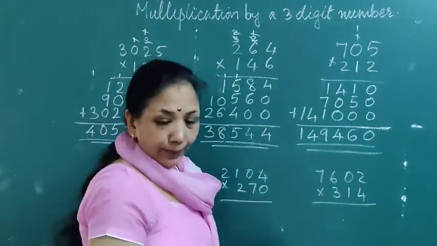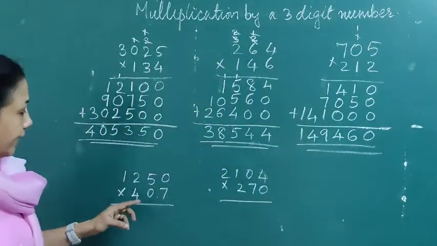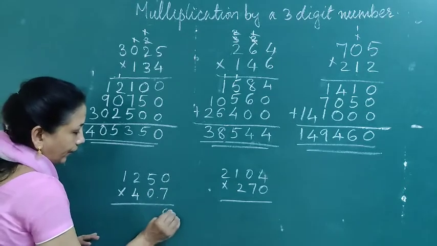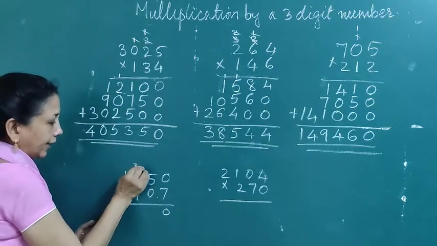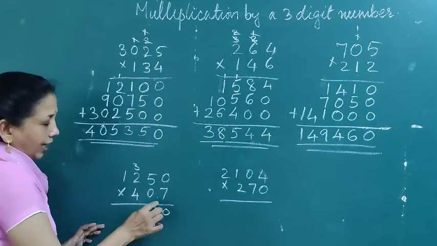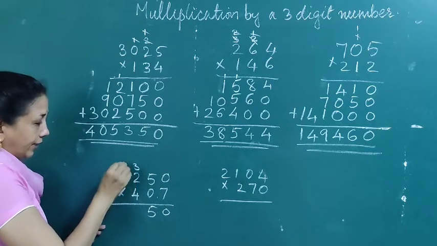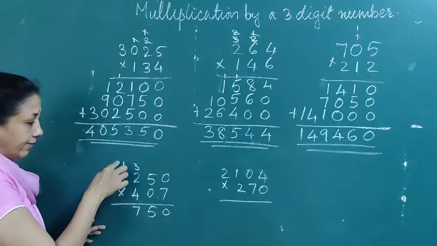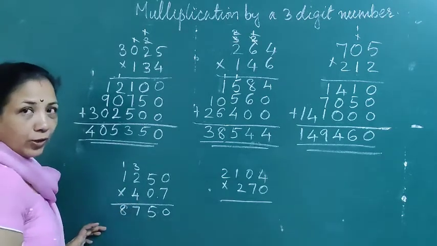Now how to multiply with the zeros, I am showing. Okay. Here 7 zeros. 7 0 is 0. 7 5s are 35. So 3 carry 5. 7 2s are 14. 14 plus 3, 17. So 1 carry 7. 7 1 is 7. 7 plus 1, 8. Okay. Now tens place you are multiplying.